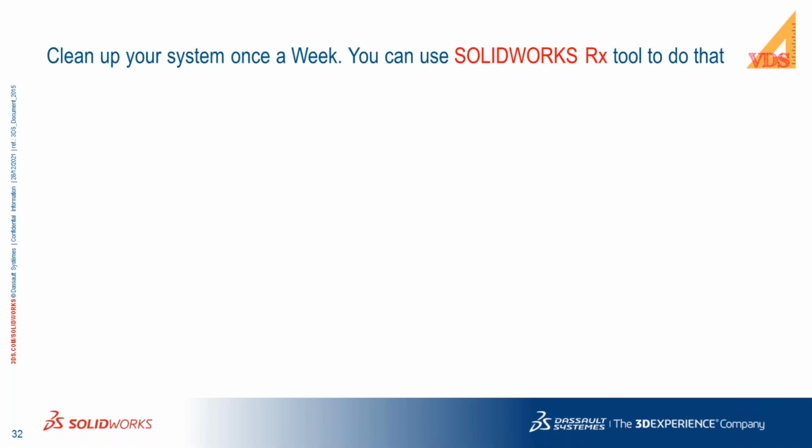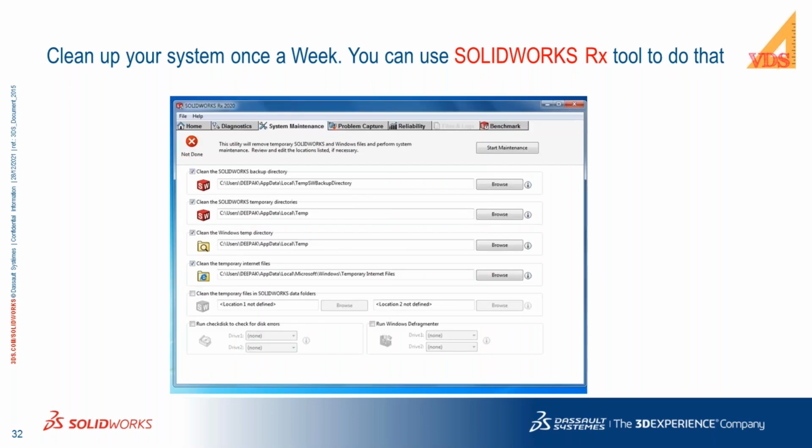Now, how does SolidWorks help us in doing the cleaning? It's a modeling software, it's a drafting software, but how does it do the cleaning? SolidWorks has a tool called SolidWorks RX, which you can use to clean your system or to do system maintenance. You can find the tool on the start menu.